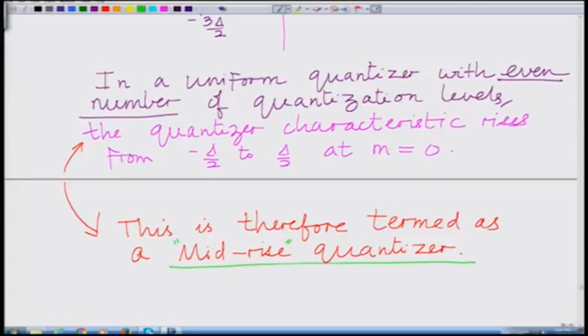It rises in the middle. The middle is at m equal to 0. It rises from minus delta by 2 to delta by 2. Therefore, this is termed as a mid-rise quantizer.